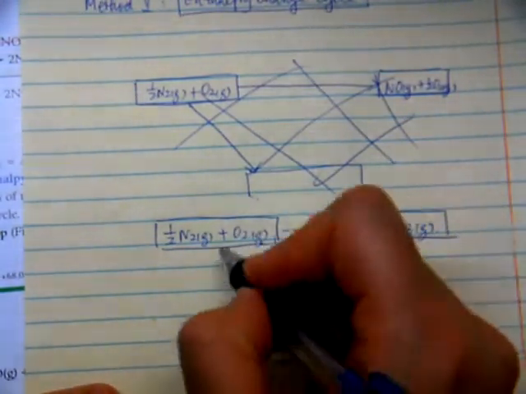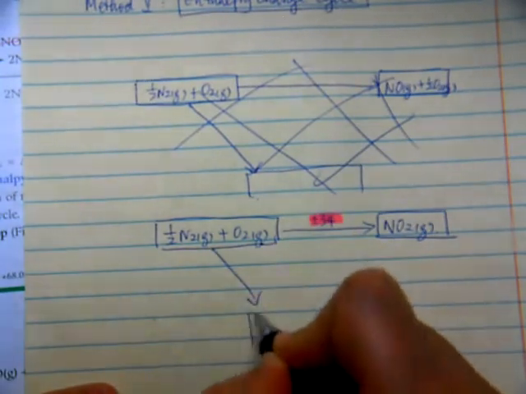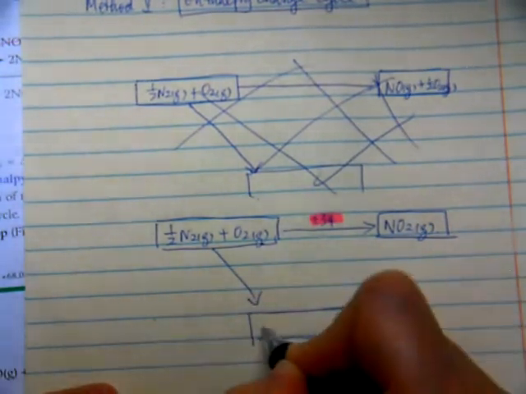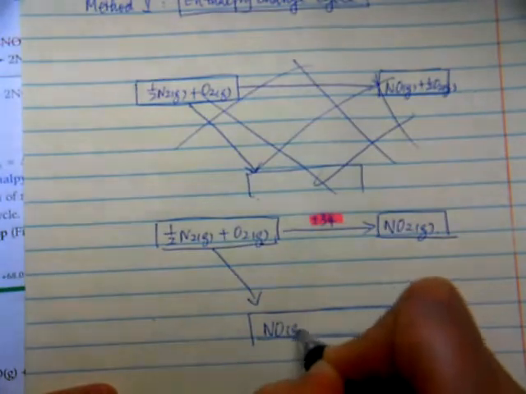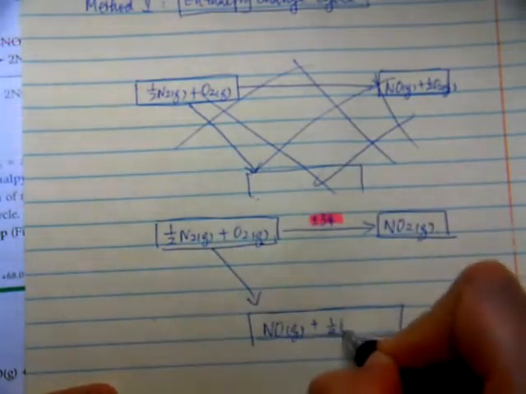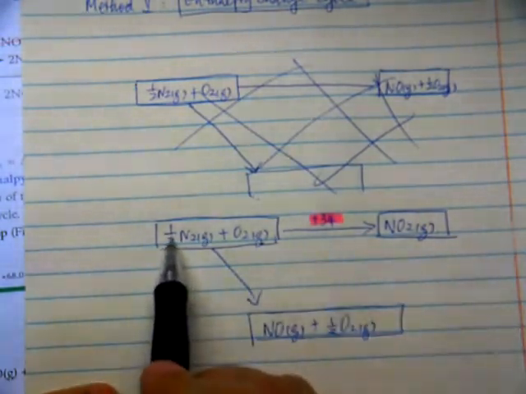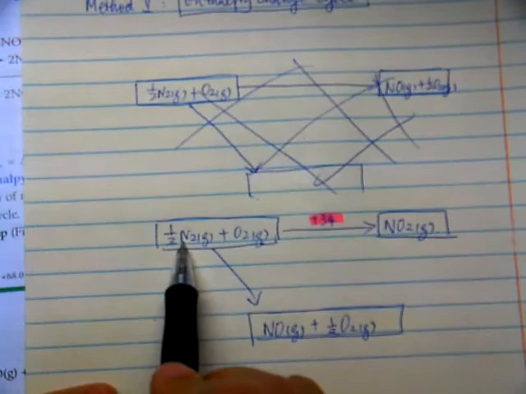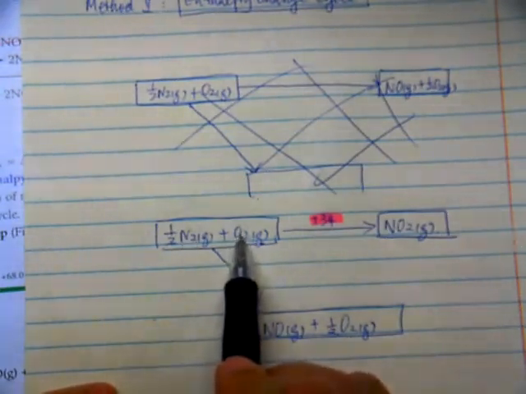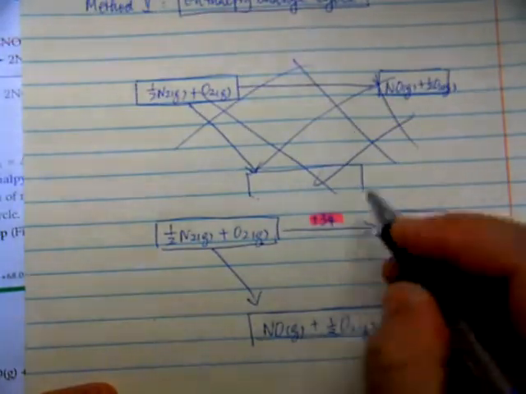For route B, we have two steps. First of all, 1 NO is formed, and then with half O2 unreacted. Okay, can you see that? Half N2 means only one N. We need only half O2, that means half O2 is left. This is the first step.